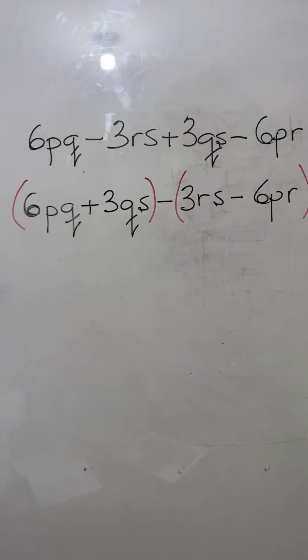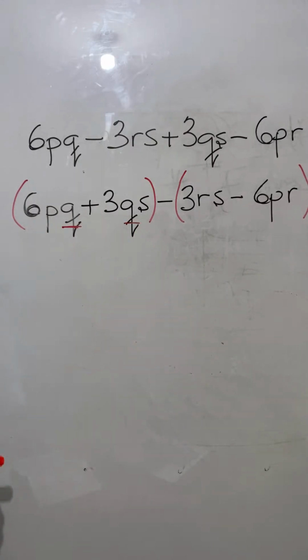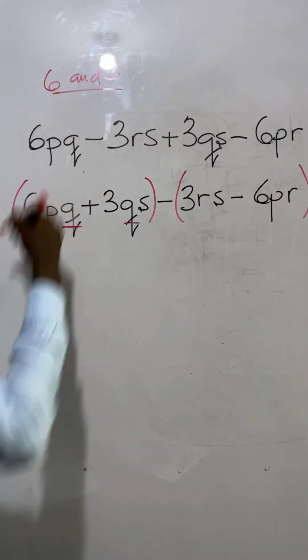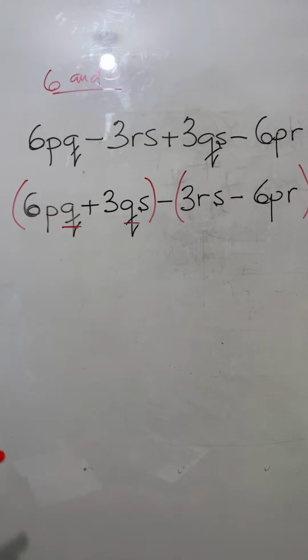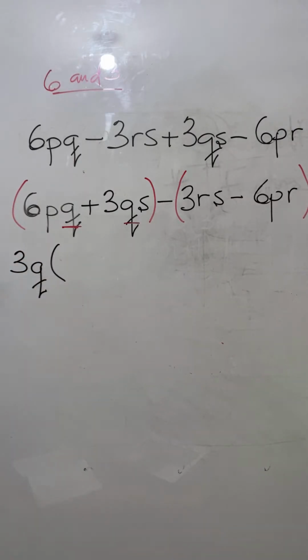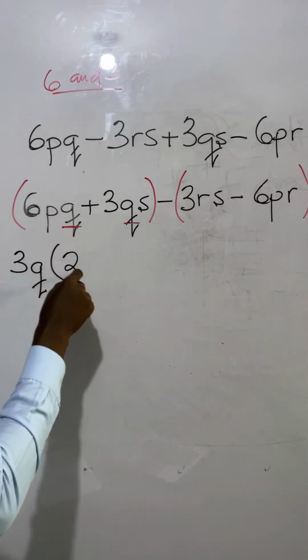If you are able to detect what is common, we pull it out and leave the rest in the brackets. Q is here, Q is here, so Q is a common factor. And the factor common between 6 and 3 is 3. So we can pull out 3Q as a factor. Now, what is left? For the first one, 6PQ, we'll be left with 2P.